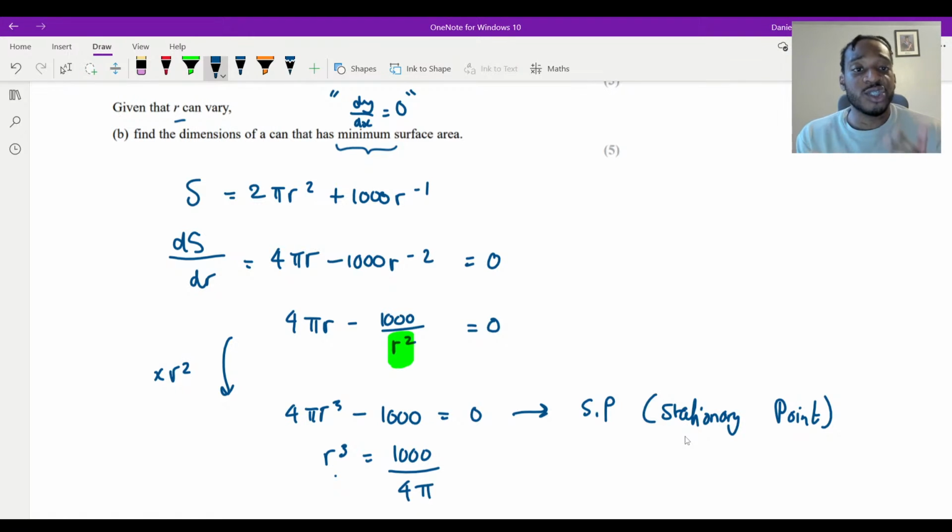But when you're dealing with differentiation, you differentiate once and you make it equal to 0. That's a stationary point. At this point, we don't know whether it's a maximum or a minimum, generally speaking. So what you'd want to do now is find the second derivative, and that will determine the nature. Sometimes they can say determine the nature, or in the case of this type of contextual question, they can say justify.